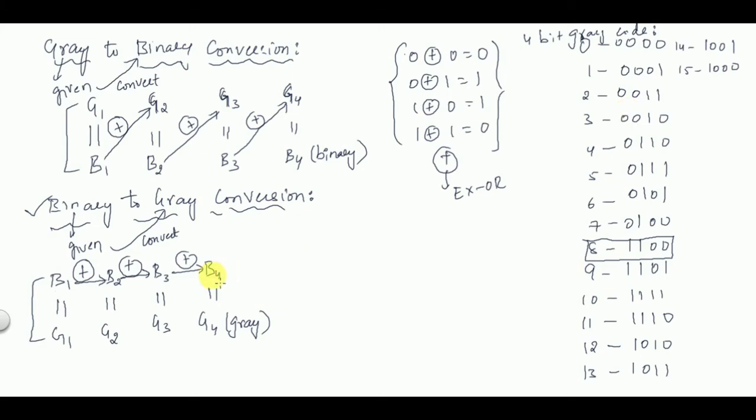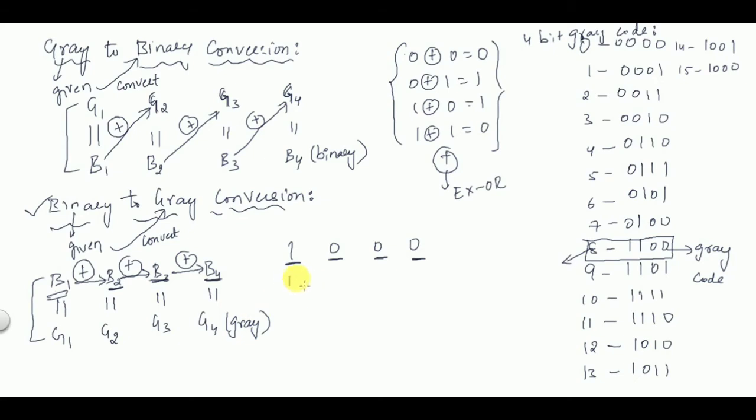The binary of 8, we know, in 4 bits is represented as 1000. So now we have obtained the binary: B1 is 1, B2 is 0, B3 is 0, and B4 is also 0.